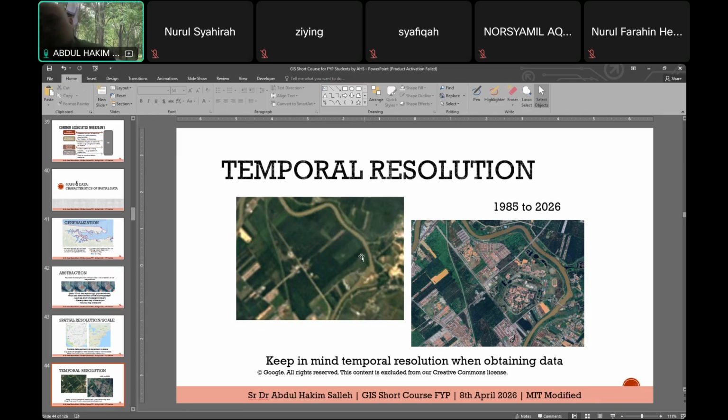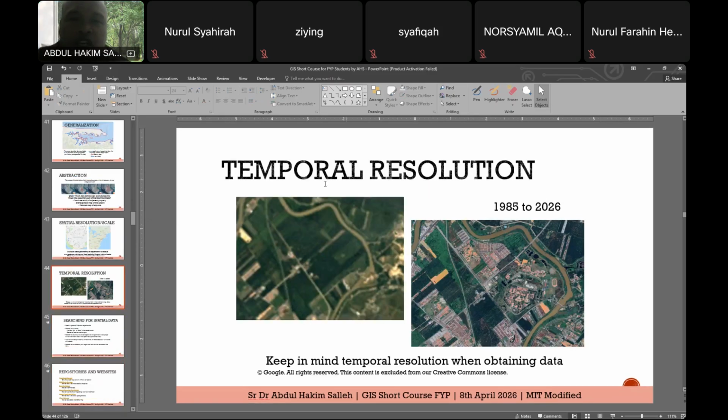Okay. Now, if we go through the time, you can see the developments by stages. But I cut short and simply jump to 2026, there is a lot of development already taken place in this area. Okay, this is what is known as temporal resolution. It deals with the progressing of time.